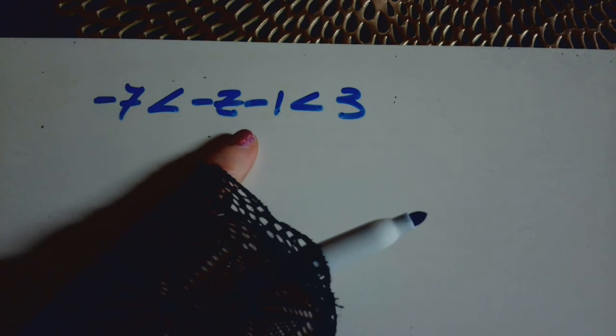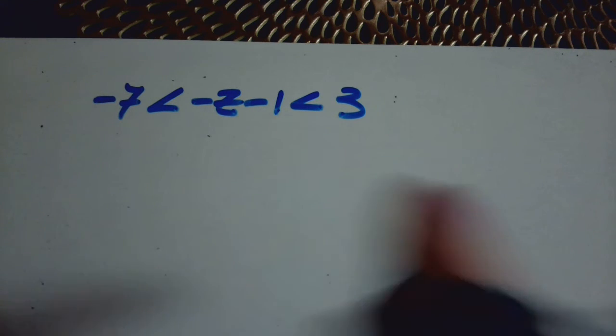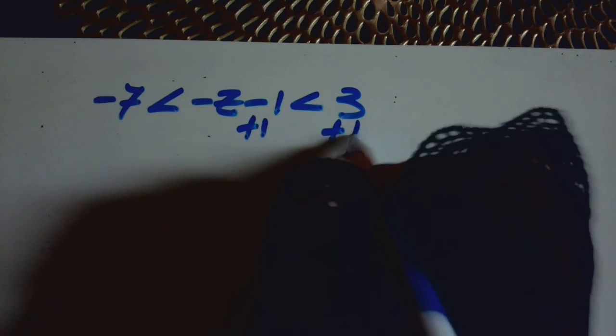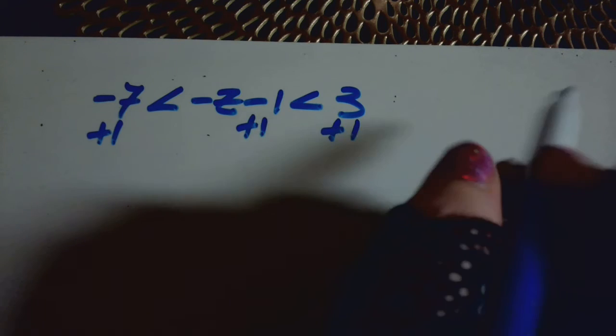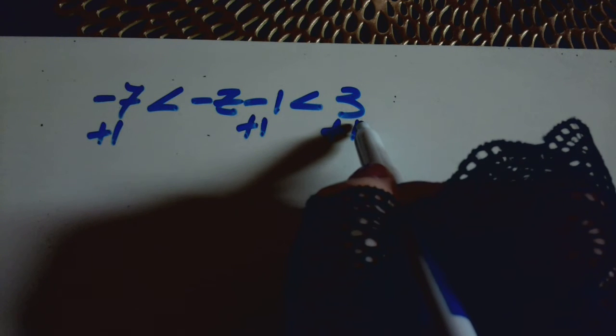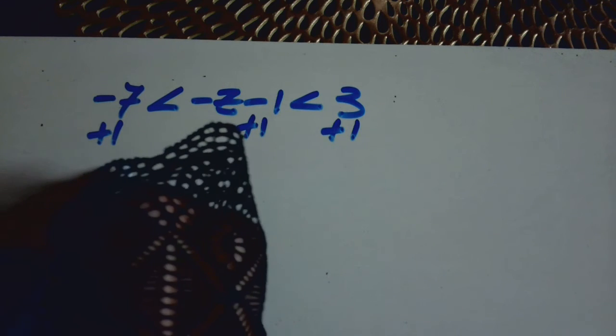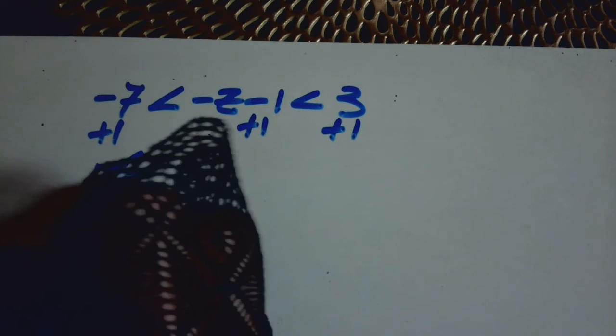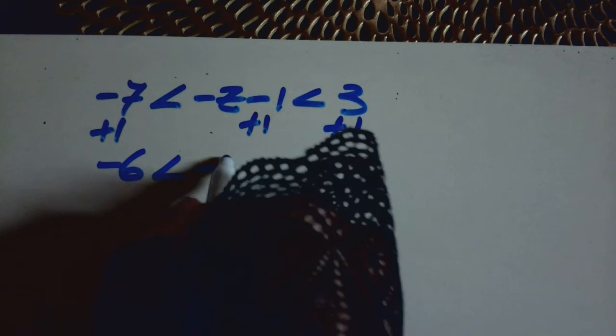So the first thing that you want to do is get rid of the -1, so you're going to add 1. And remember, whatever you do right here in the middle, you have to do to both sides of the inequality. So I've got to add 1 to the right side and add 1 to the left. -7 plus 1 is -6 is less than -z.